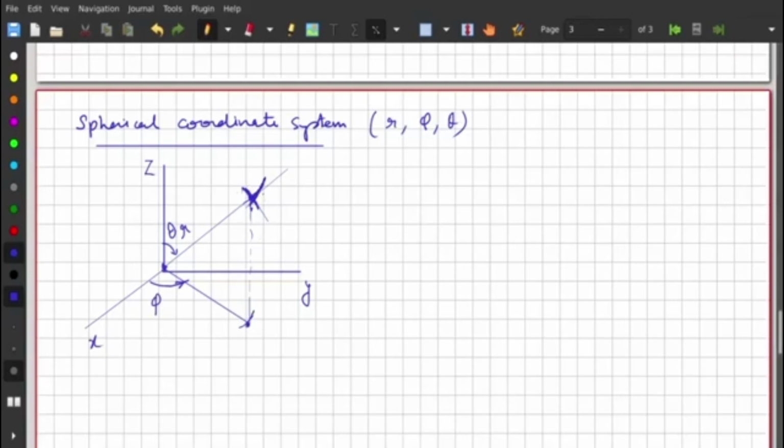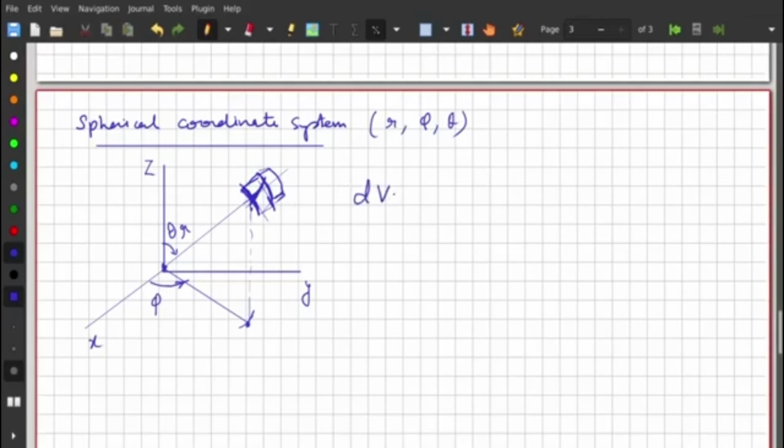So this will represent an element which looks something like this. Bear with me, my drawing here, it's difficult to draw digitally.